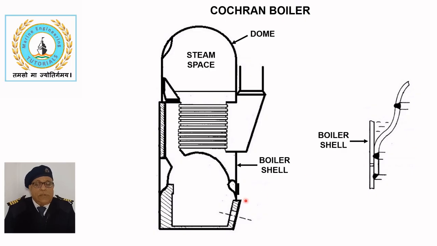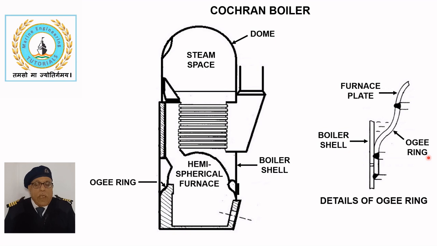The boiler consists of a cylindrical shell with a dome-shaped steam space. A hemispherical furnace is attached to the boiler shell by an OG ring, whose enlarged view shows its minute details.